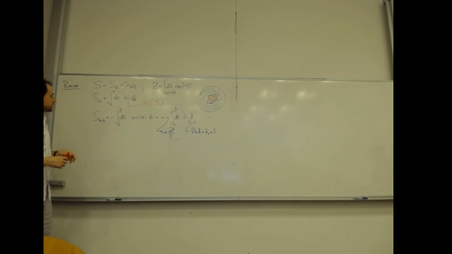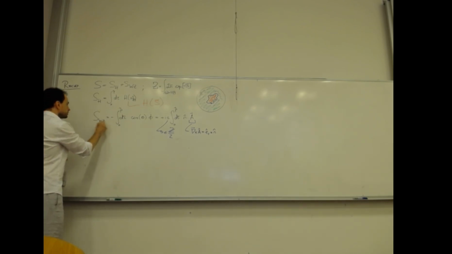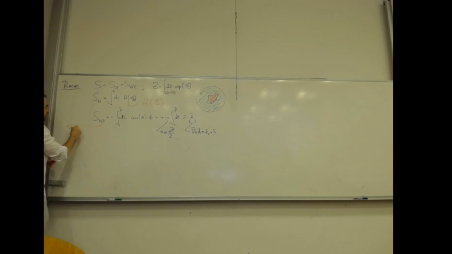And then we had the second term, which was the Wess-Zumino term. And this term is in some way topological in nature, and it measures the Berry phase enclosed in the time evolution of this spin.